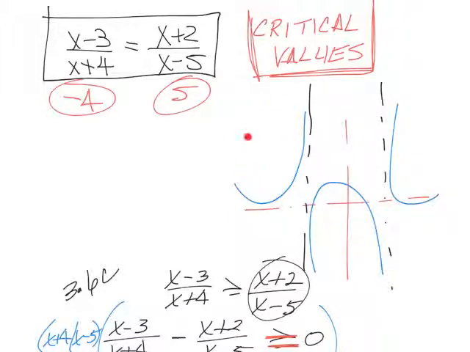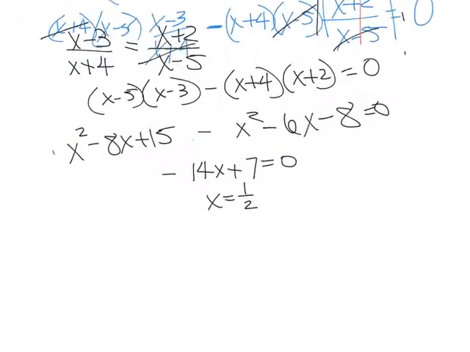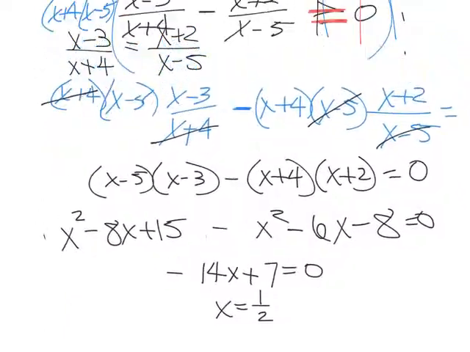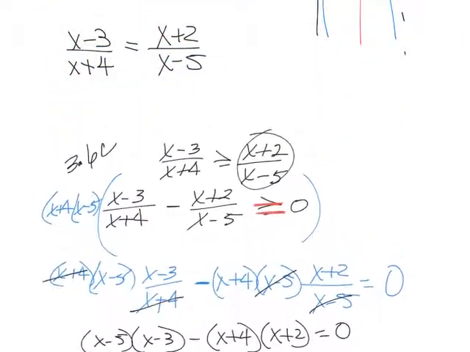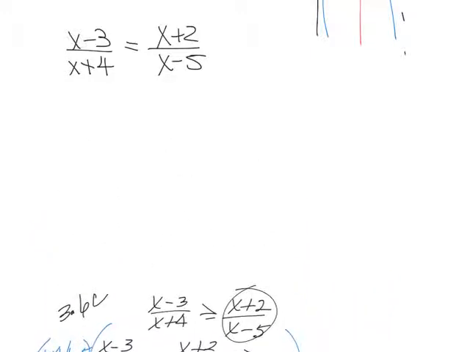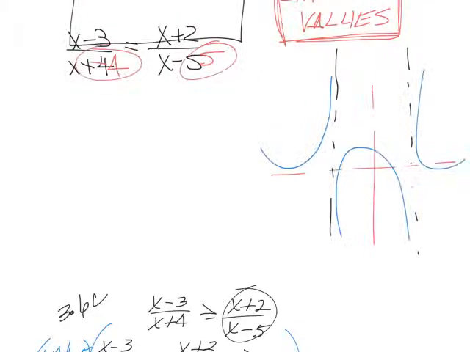But what else did we find out? We found out down here that my x was equal to 0. That is another part of this problem that's critical, because that becomes part of our answer.